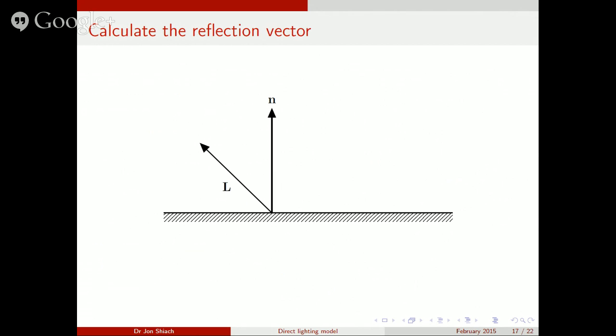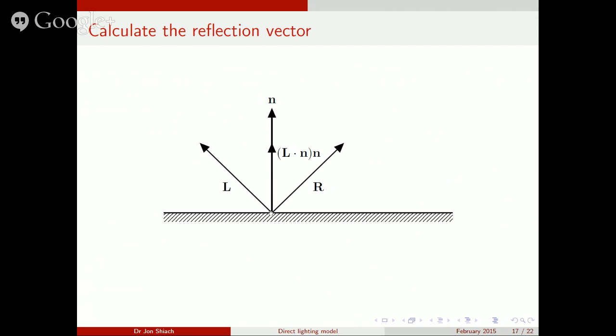We have a light source vector L, and we want to calculate the reflection vector R. So how do we do that? Well, using projection, if we project L onto N using what we did in the last slide, we have L dot N multiplied by N. Remember, we're assuming N is a unit vector.